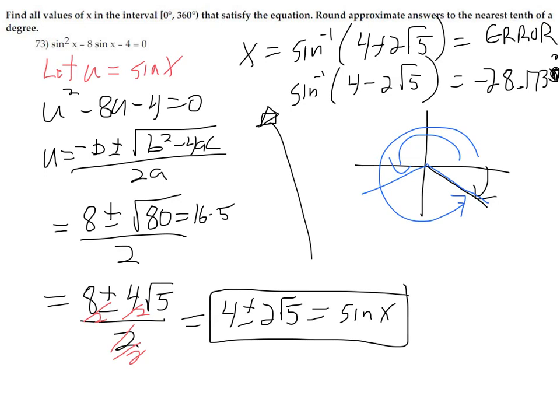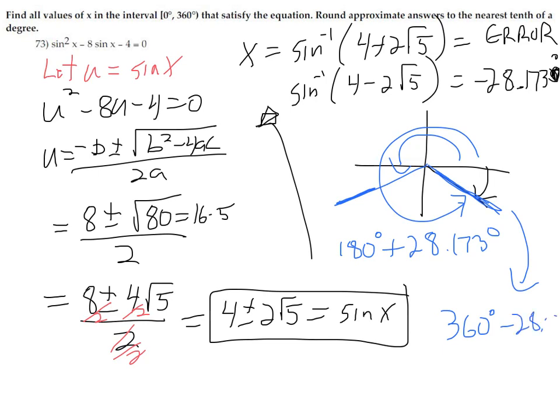So with negative 28.1730 reference angle, this one is going to be 180 plus 28.173 degrees. And this one is going to be 360 minus 28.173 degrees.